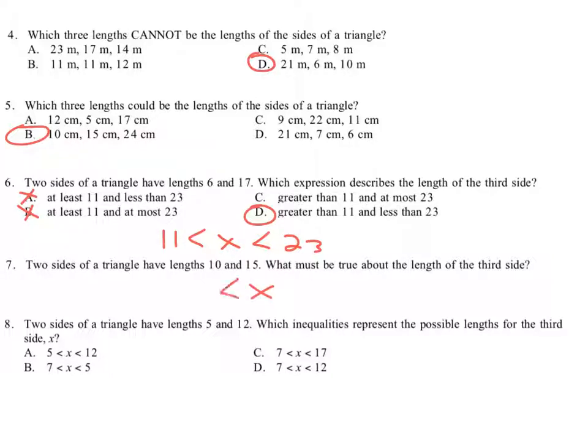Okay, so if we have x as our value, what are the two end numbers? Well, 15 minus 10 is 5, so we know that it's got to be greater than 5, and 15 plus 10 is 25. It's got to be less than 25. I realize that the answer that they give you is it's got to be less than 25. It doesn't say greater than 5. That's kind of a mistake on their part. You also need to know that it's got to be greater than 5 in case it was the shorter side.